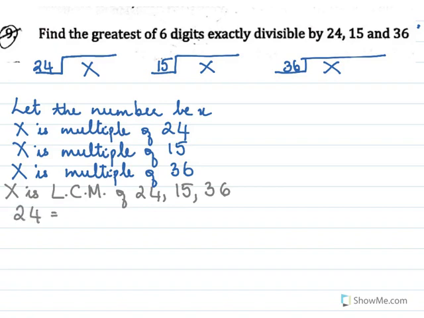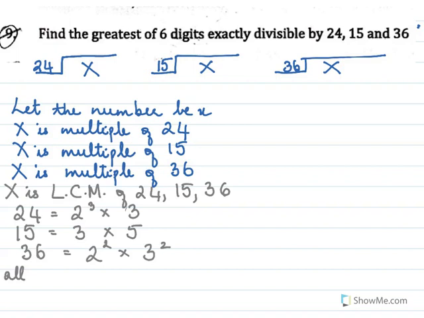So 24 I can write as 2 raised to 3, 15 is 3 into 5, and 36 is 2 raised to 2, 3 raised to 2.